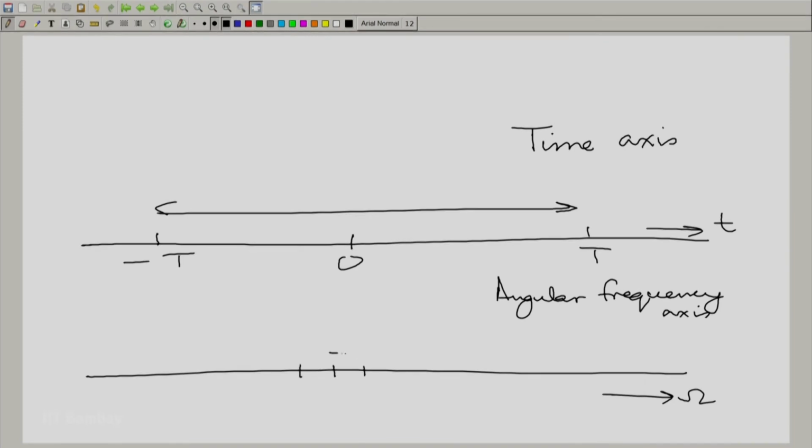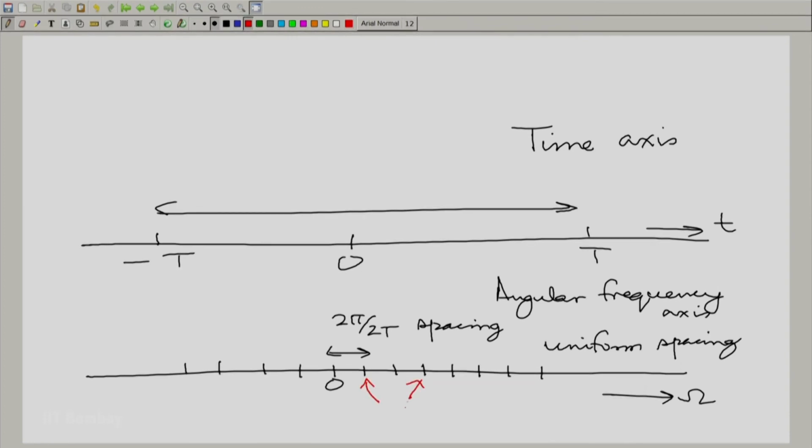I have a spacing of 2 pi by 2T, and I am considering these frequencies which I am marking here, 0 being one of them, uniform spacing, and we are saying that these are all perpendicular frequencies, mutually orthogonal.